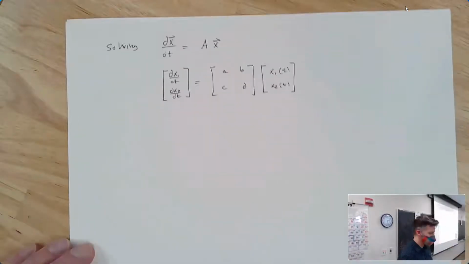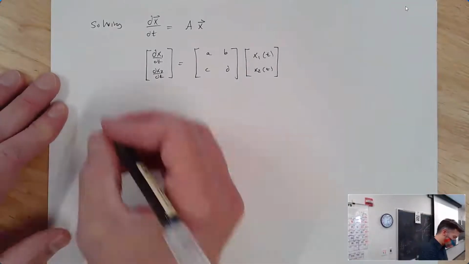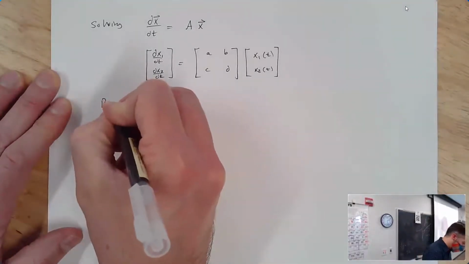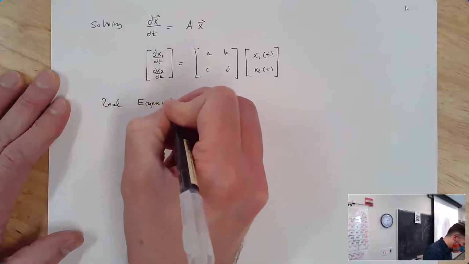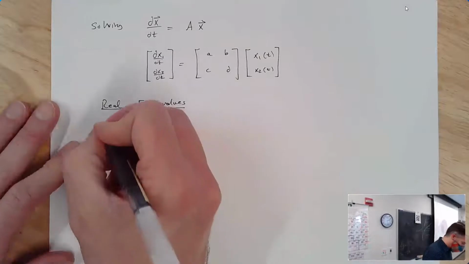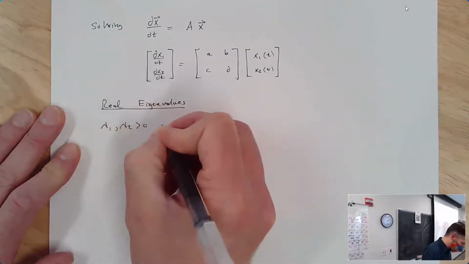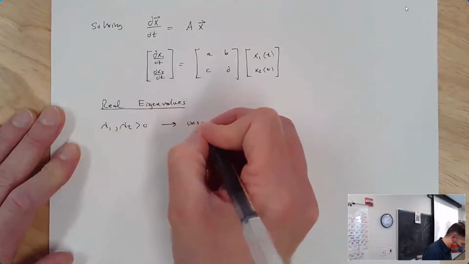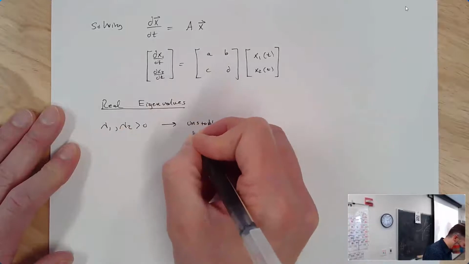So if we're solving the system, there's kind of 6 things that can happen. If your eigenvalues are real, you have 3 options. If they're both positive, you have an unstable node, also known as a source.